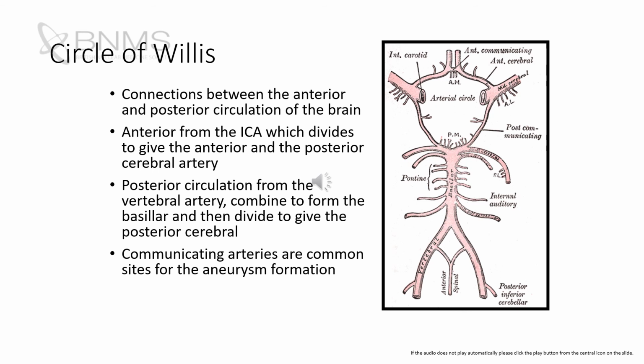And this is going to divide into the right and left posterior cerebral artery that we saw previously arching in front of the cerebral peduncles. The communicating arteries are common sites for aneurysm formation.